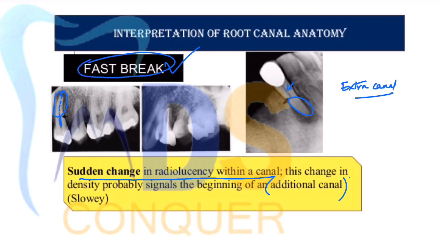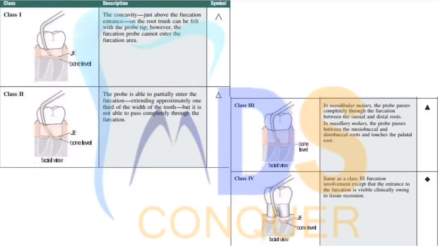One more important aspect that you have to make a note of when we are talking about radiology related stuff. Most of you are familiar with this, and you will encounter this in your perio. That is the classification of furcations. This is called Glickman's classification.